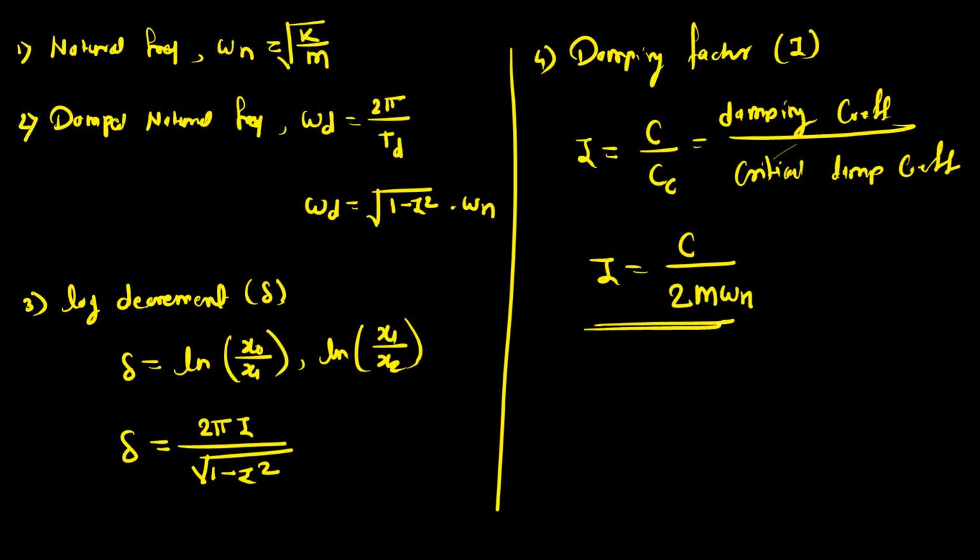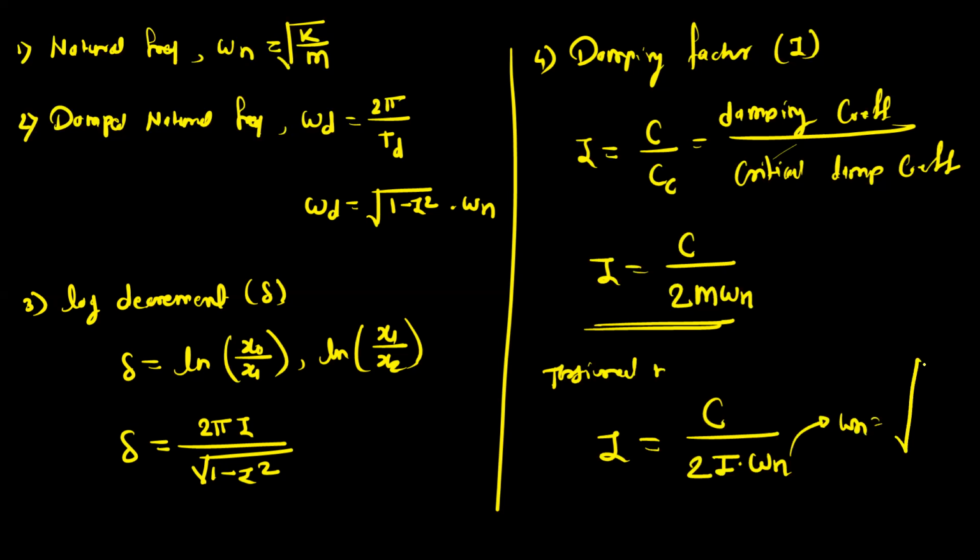This formula is for a linear system. For a torsional system, zeta is equal to C upon 2I into omega n, and omega n is equal to square root of kt upon I. Just replace k by kt and mass by moment of inertia. So you should know all these formulae when you solve problems on damped vibration.